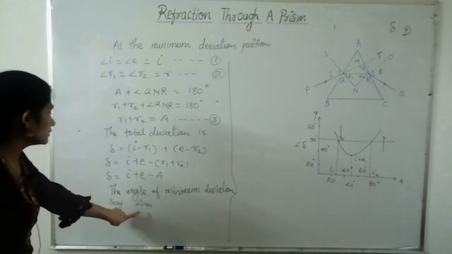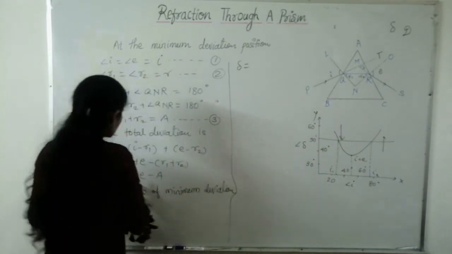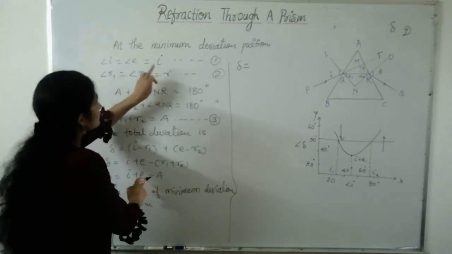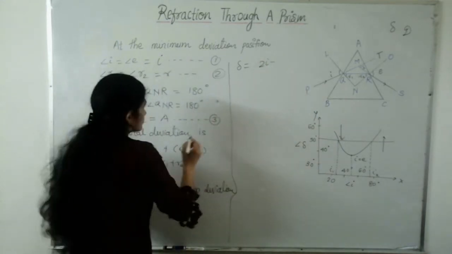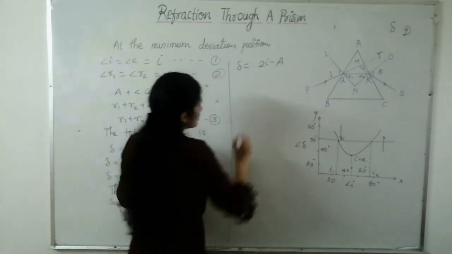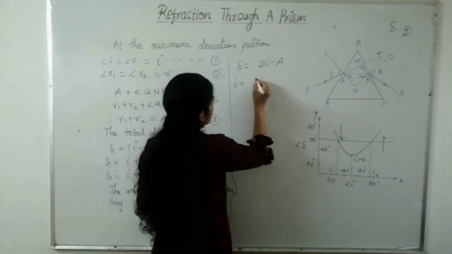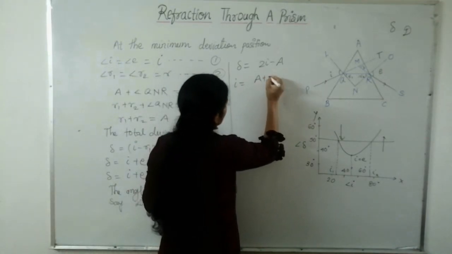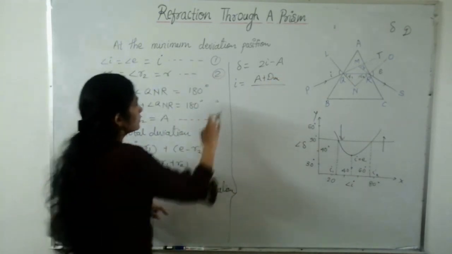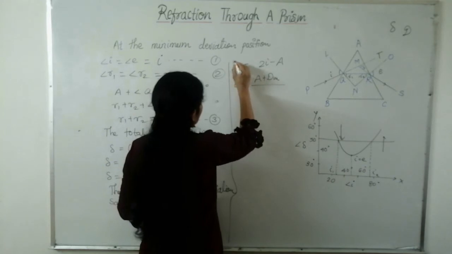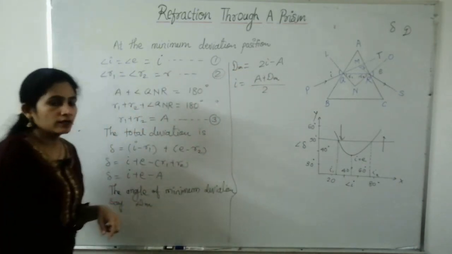So this equation at the minimum deviation becomes delta is equal to i plus e, which is equal to twice i minus A. From this we can calculate the value of angle of incidence. Angle of incidence i is equal to A plus dm divided by 2.